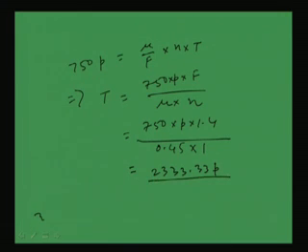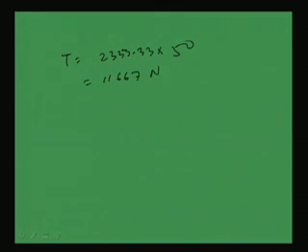Now we have to assume some pitch. So let us provide a pitch of say 50 mm. If the pitch is 50 mm, then we can find T as 2333.33 into 50, so this will become 11667 Newton, which is about 117 kilonewton.